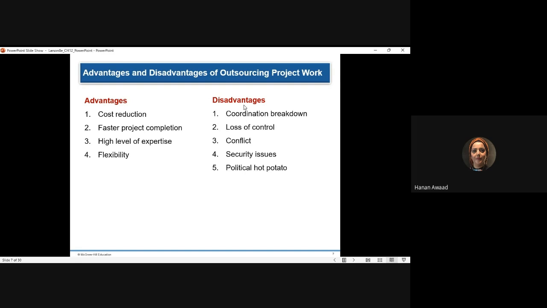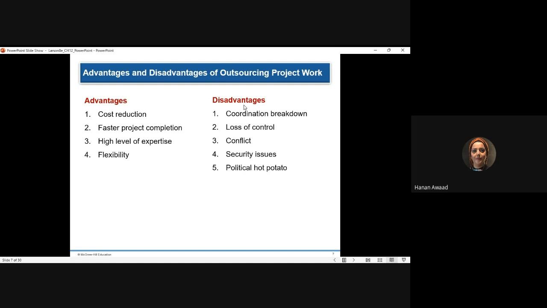Also, security issues. And under security issues, we have so many examples. For example, physical security: some people entering your premises. Information security: they might have access to sensitive information.